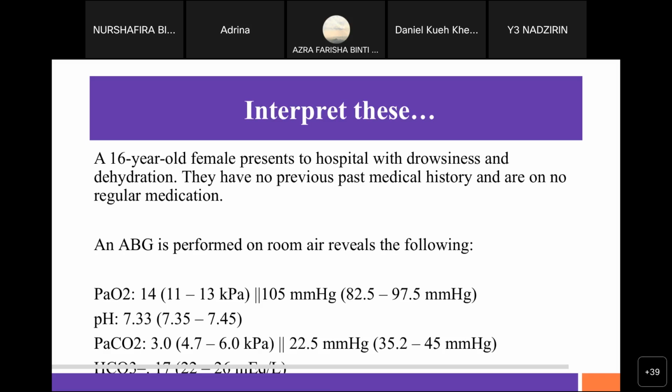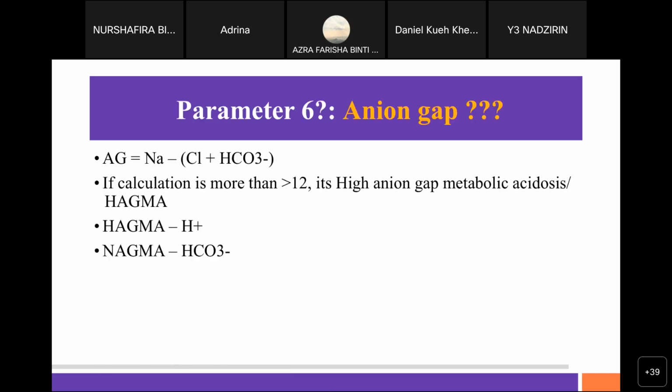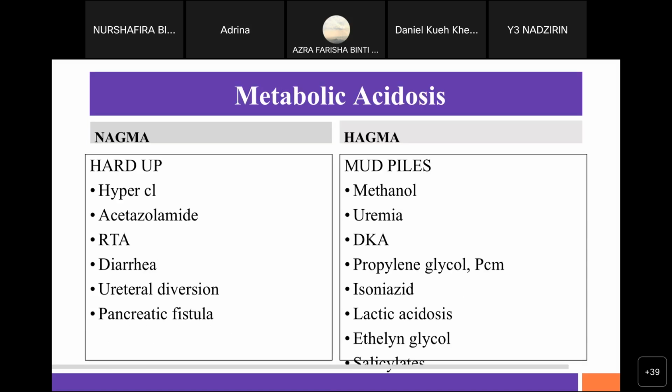Doctor, I'm Adrina. I have a question. Is there a significance to knowing normal anion gap and high anion gap metabolic acidosis? Actually, about this one, you have to know the reason, because the causes for high anion gap and normal anion gap are different. Do you have the causes in your slide?